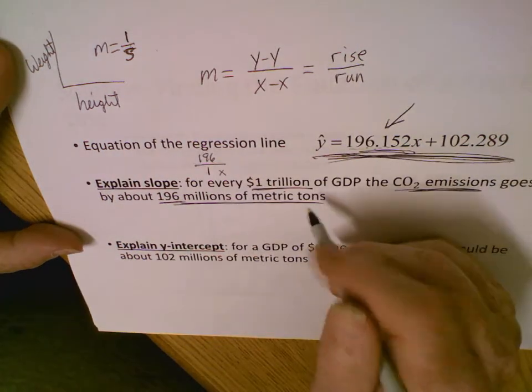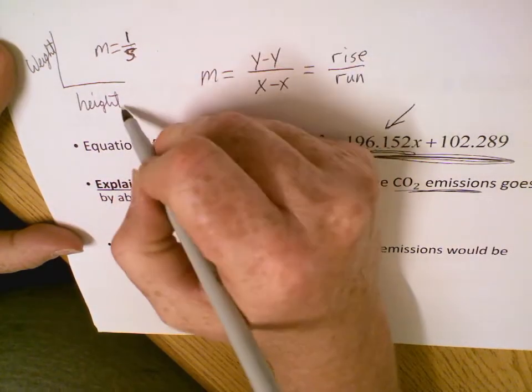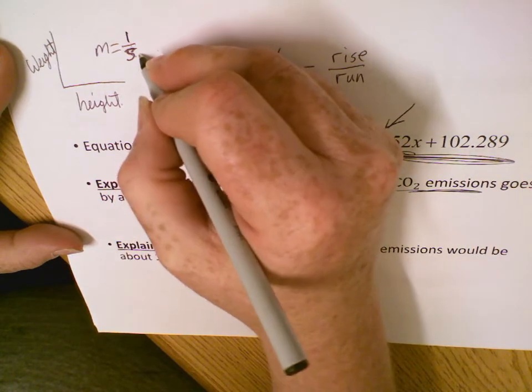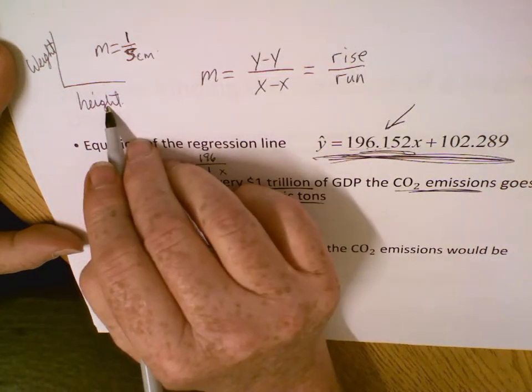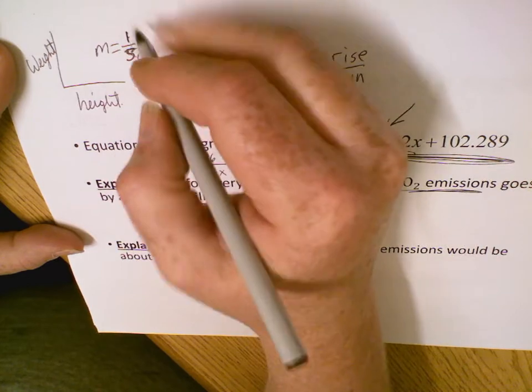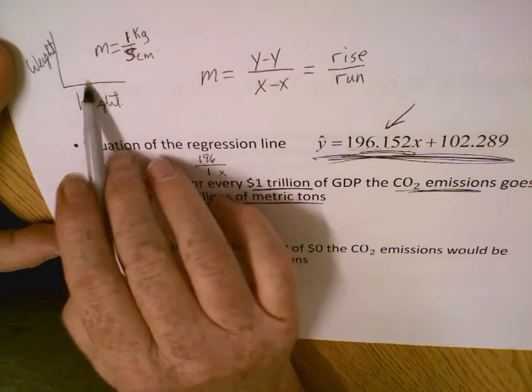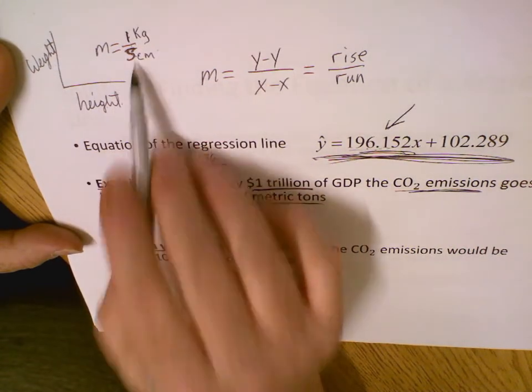So let's say it is 1/5. Then what we're saying here is, for every 5 whatever we go up, maybe it's 5 centimeters, your height goes up, your weight goes up 1 kilogram. So that's what the slope there is telling you.